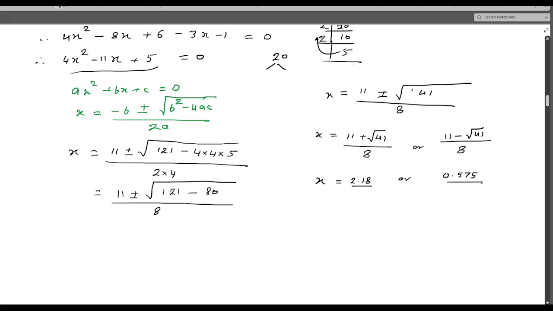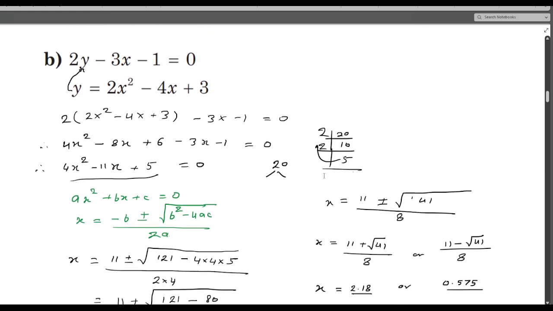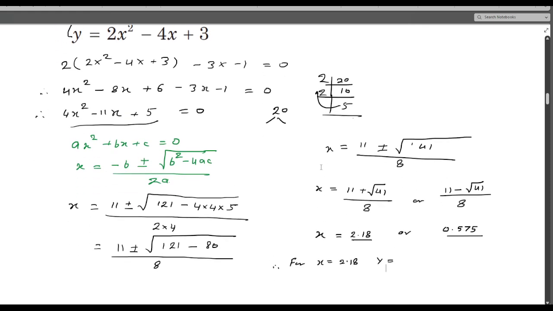These are the values of x, and therefore I will find out the value of y. So for x equal to 2.18, the expression for y is 2x square minus 4x plus 3. So 2x square, that is 2.18 square, minus 4x plus 3.